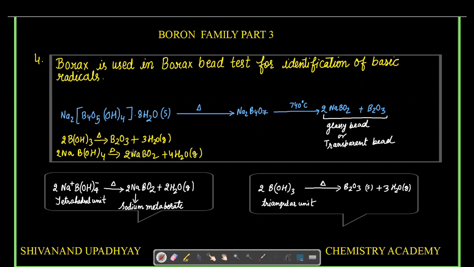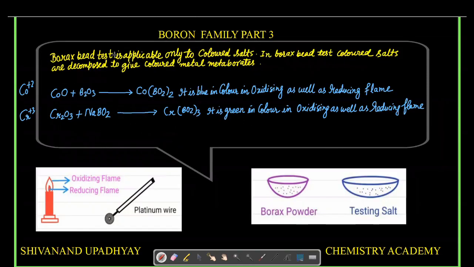So the products are two NaBO2, sodium metaborate, and B2O3, which is an acidic oxide. Now when these two combine, they will form a glassy, transparent bead, a transparent glass-like substance.